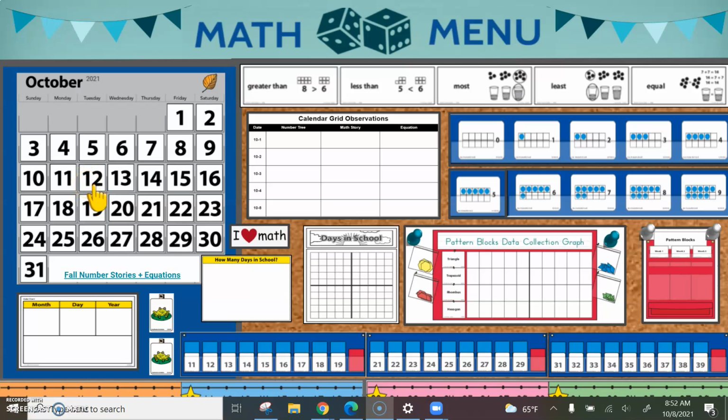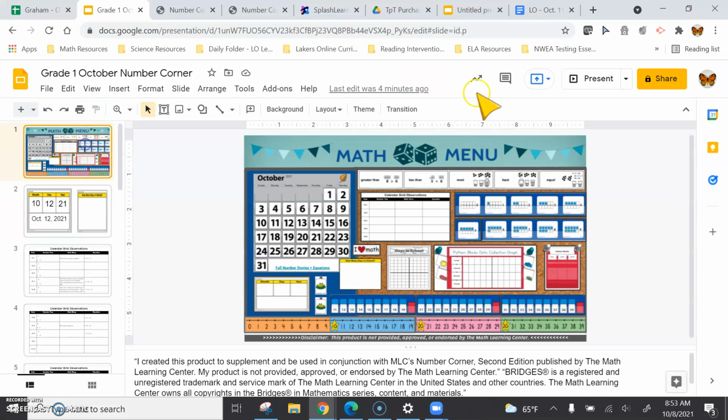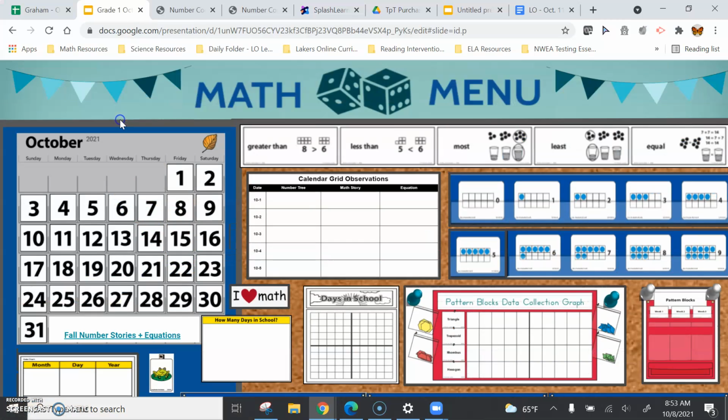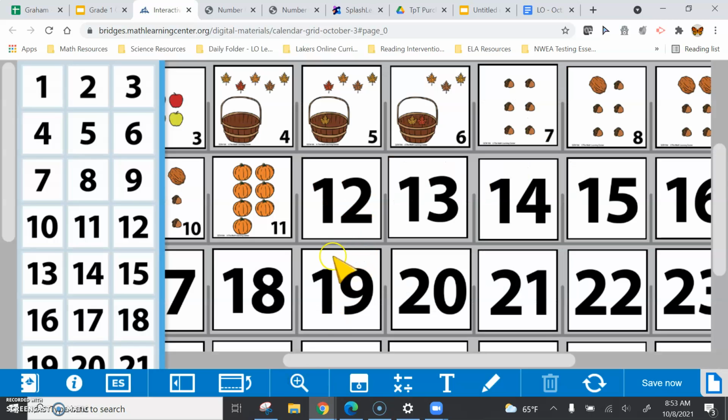Let's check our card and find out what's on our calendar for the day. We saw pumpkins yesterday. Oh my goodness. What will we see today on our calendar for the 12th?